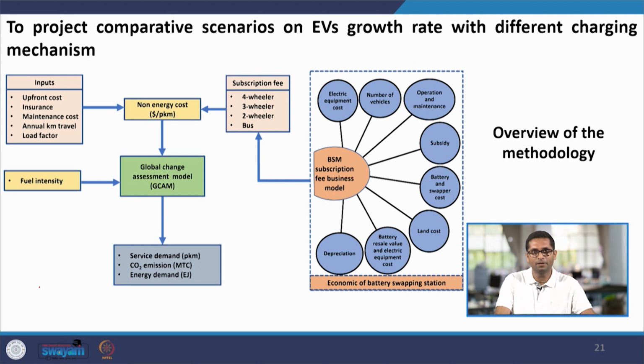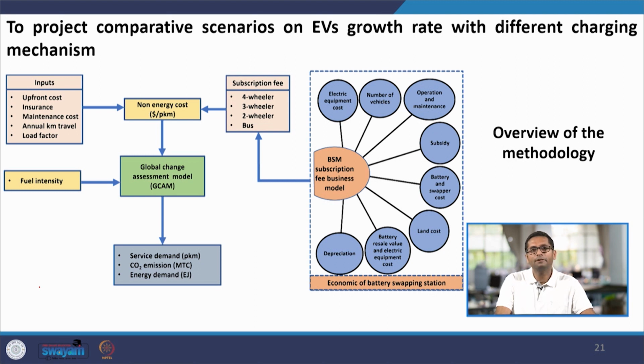But let us try to explore that if in the future the EVs were available for you to buy without the batteries, and the batteries almost make up 30 to 50% of the total price of an electric vehicle. This brings down the price of the EV quite drastically, and in return possibly you can rent in an EV using a tariff which could be the subscription fee from a BSM player, which could be the battery swapping mechanism corporation.